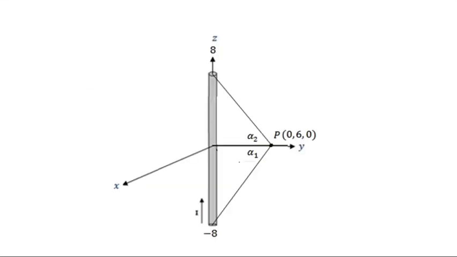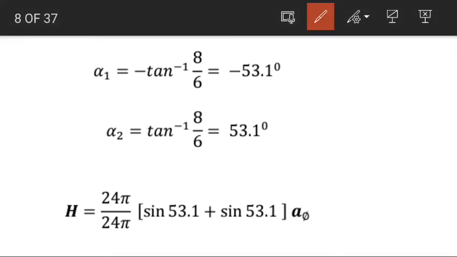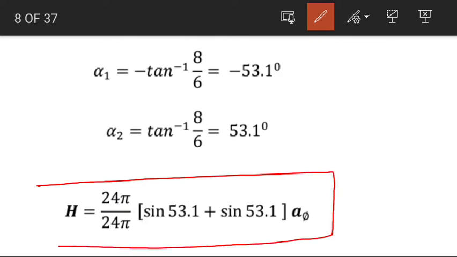If we put the values on the right hand side of this equation, we obtain the magnetic field intensity at the point under observation. So the magnetic field intensity will be equal to 24 pi divided by 24 pi, and then we have the sine of 53.1 plus the sine of 53.1 into a phi.